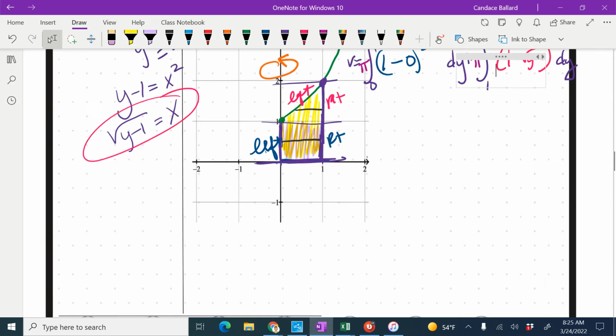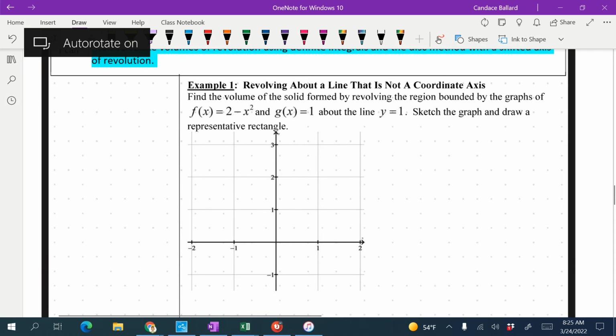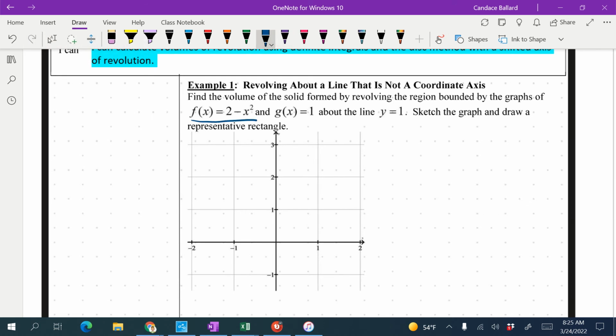So the first thing I'm going to do is go ahead and sketch those graphs. I know that this one here is a parabola where its vertex is at 2 and it's upside down. So if I put a 1 in there or a negative 1 in there, either one, I would get 1. So I know it's going to go through these points here.